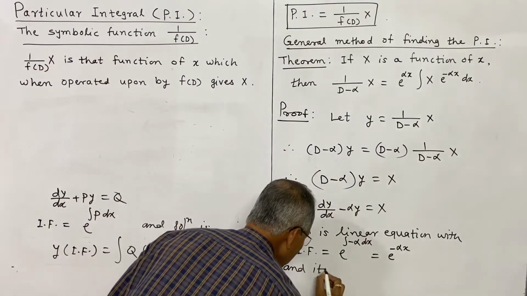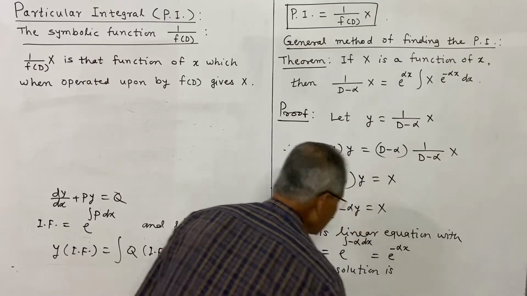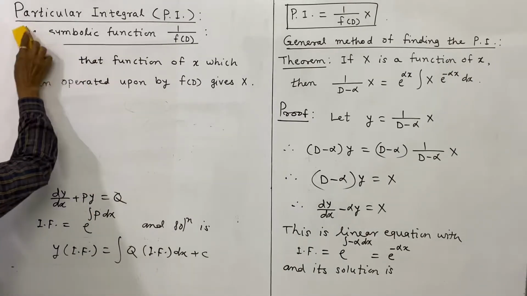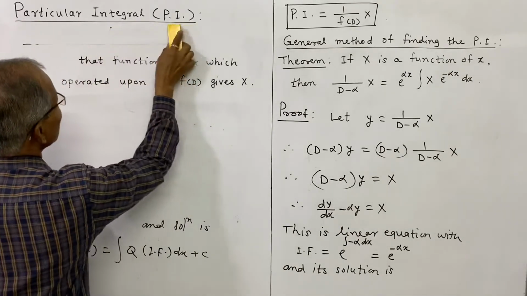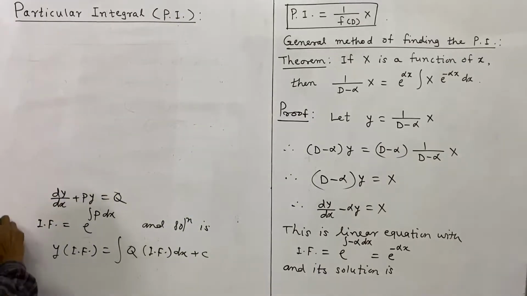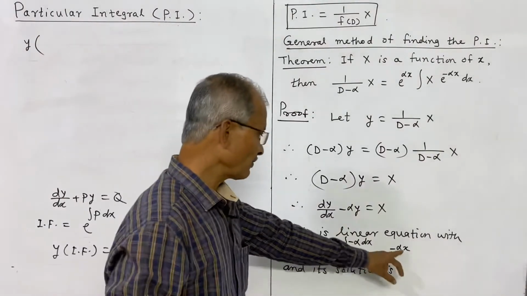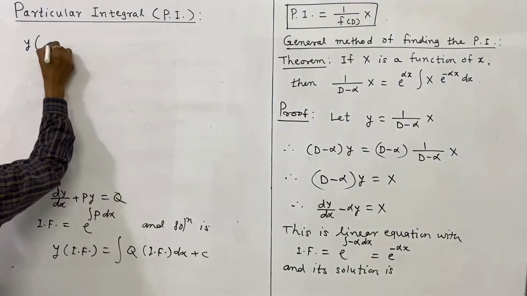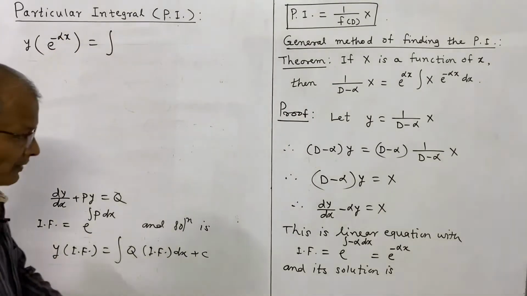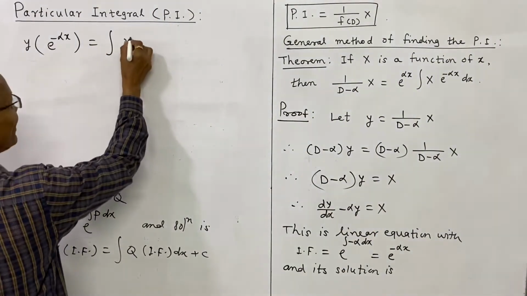And its solution is, y into IF. What is IF here? E power minus alpha x is equal to integral Q, here is X, so that is X into IF.